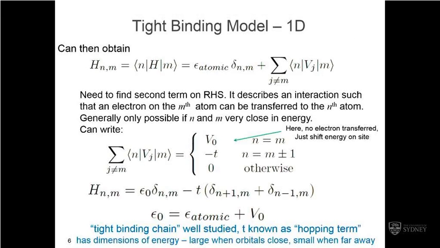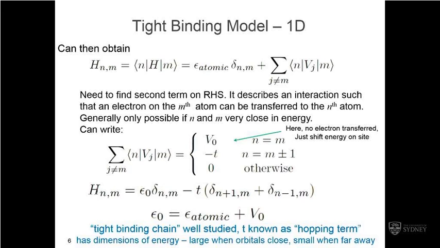So now we have rewritten this first term in terms of the atomic orbital energy levels of the single isolated atom. And we're going to deal with this term here now. So you can see that this involves a summation over all of the atoms. But what we're going to do is limit that to just the neighboring atoms of that one.